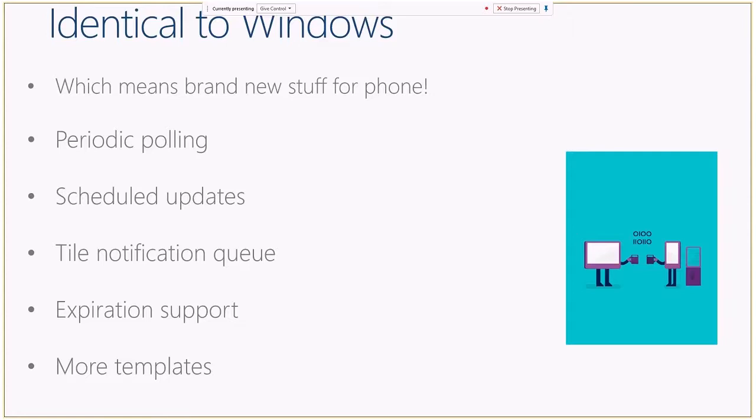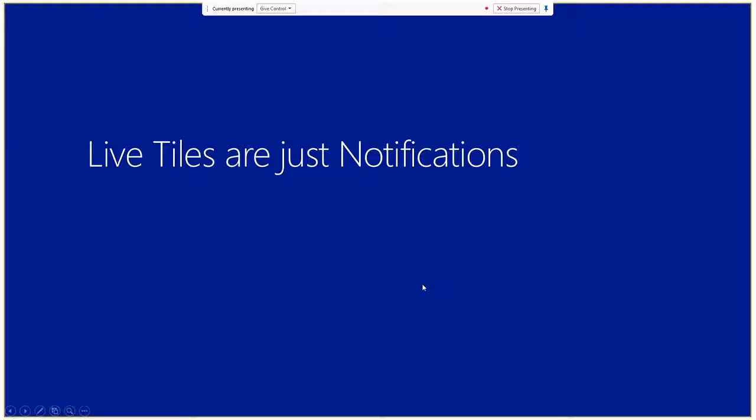So now the phone side is at the same level as the Windows Store application. So all the features we already had, periodic polling, scheduled updates, notification queue, all the templates are available on that side. So that is pretty cool.